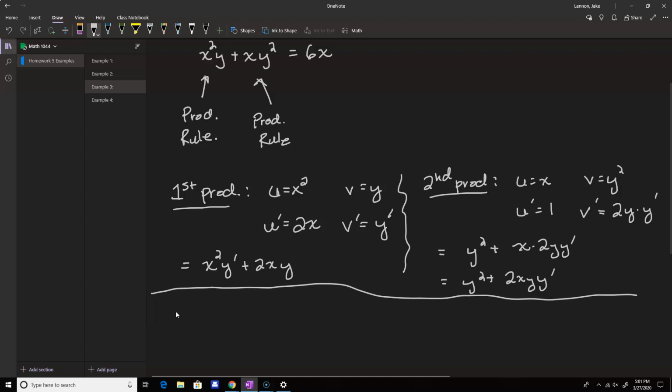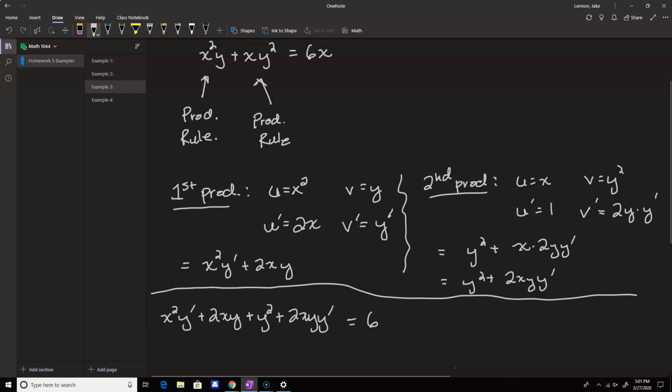The derivative of the left-hand side, we're just going to add those two things. So we're going to have x squared y prime plus 2xy plus y squared plus 2xy times y prime. And then the derivative of the right-hand side, 6x, is just 6.